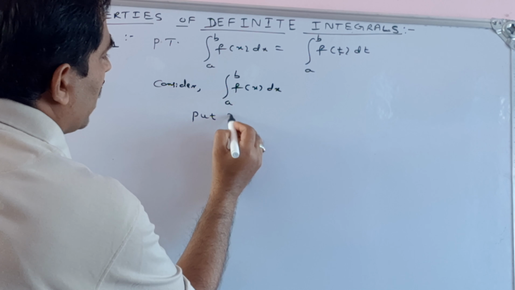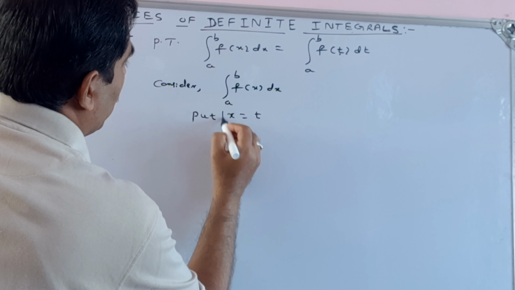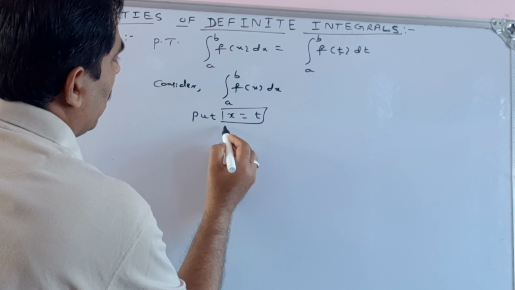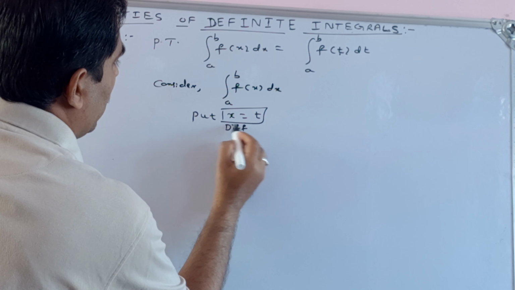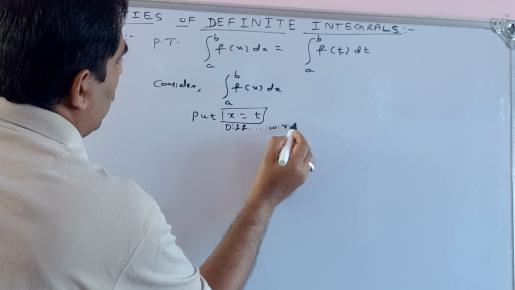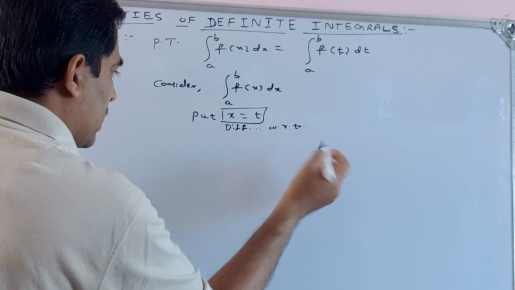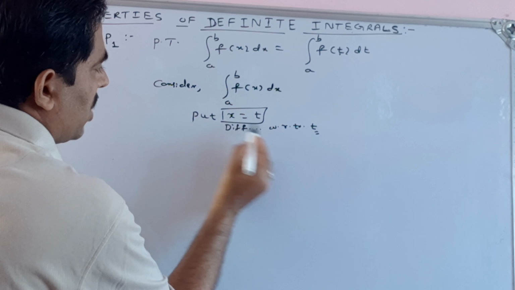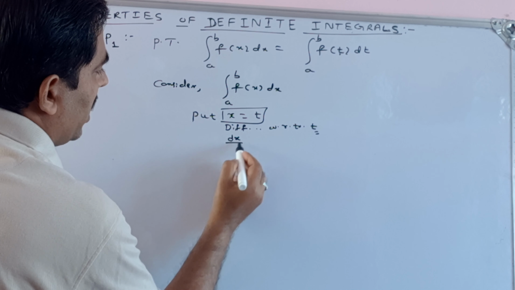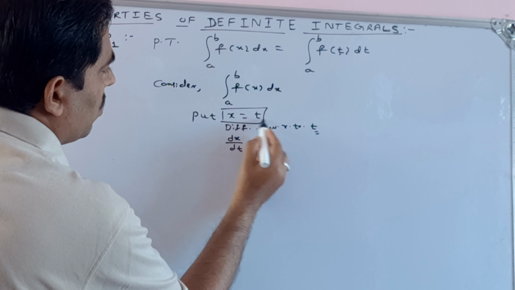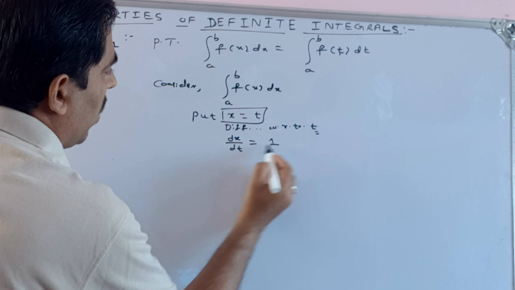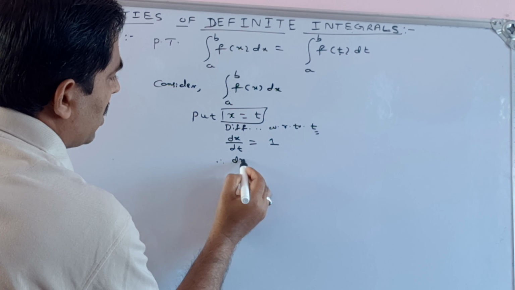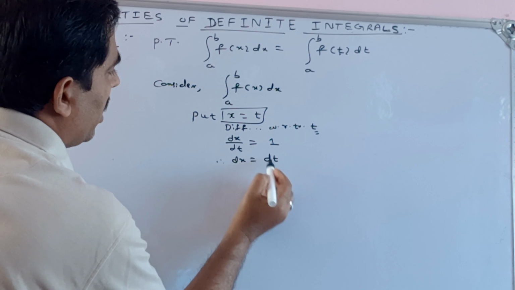Put x equal to t in this integral. Then differentiate with respect to t. If I differentiate x with respect to t, I will get dx by dt equal to the derivative of t with respect to t, which is 1. If you cross multiply, dx is equal to 1 dt, that is it.